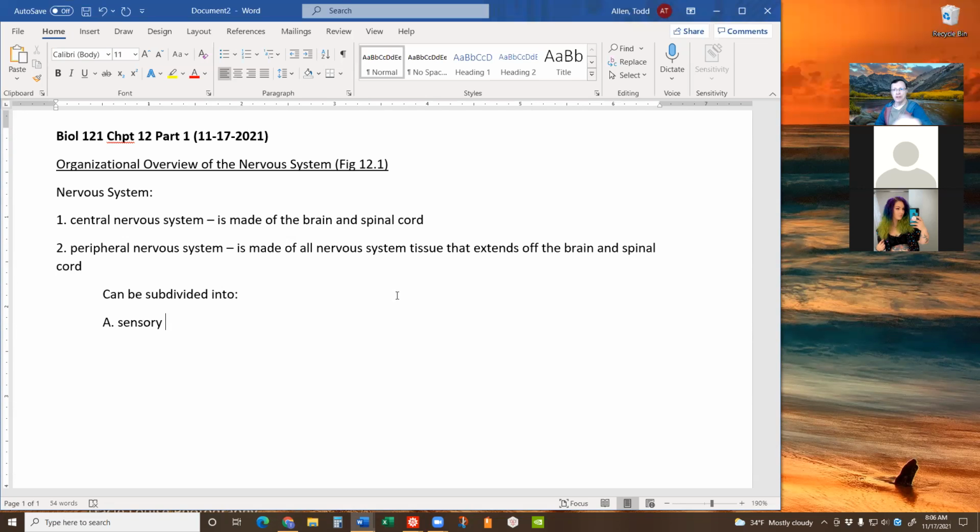So the sensory division of the peripheral nervous system, you have sensory neurons, in this case embedded in the skin. When they detect changes in temperature or pressure, they're going to generate electrical signals and send information into the spinal cord up to the brain. So that flow of information is going into the central nervous system. So the fancy word here is afferent. The sensory division is also the afferent division.